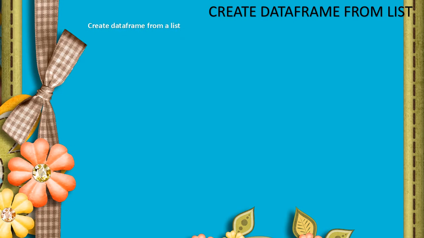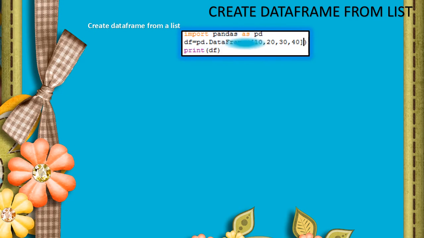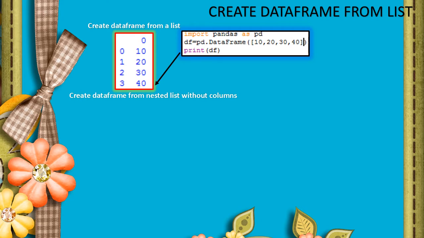Next we are going to create the data frame from a list. Here, inside DataFrame the values 10, 20, 30, 40 are given and printed, and the default index starts from 0 like a series object, so it prints 0, 1, 2, 3. Only one column of values is given. Using a nested list we can also create data frames.